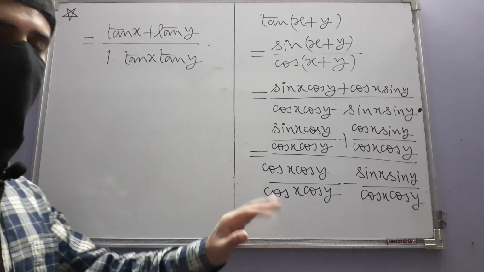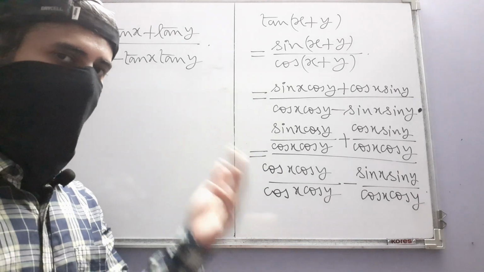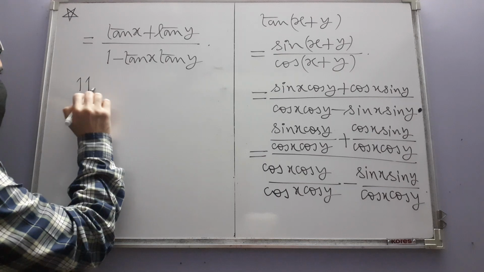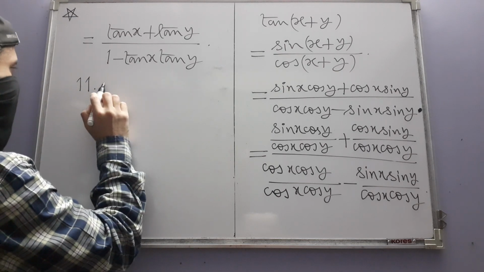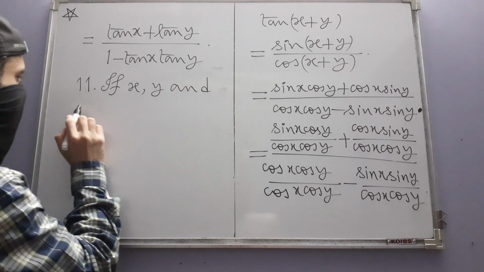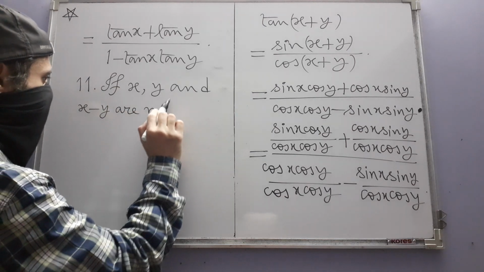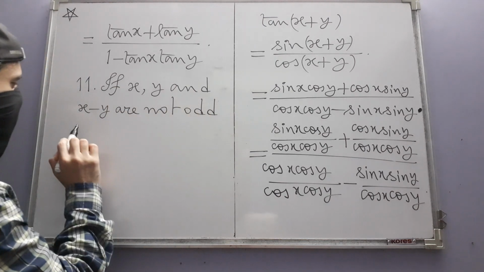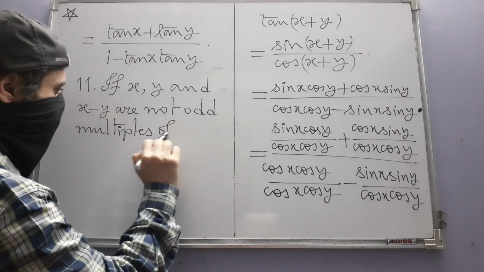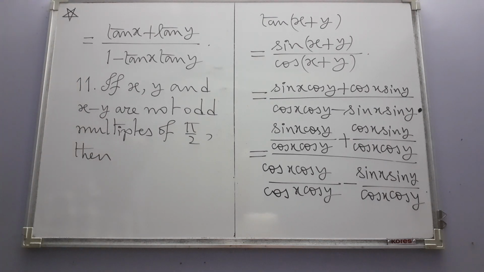And just like the ones for sine and cos, here also you can derive from this itself another one for tan x minus y. So let's do that also, and then we will stop for today. Again, if x, y, and this time x minus y are not odd multiples of pi over 2, then there are better ways of writing a sentence like this.